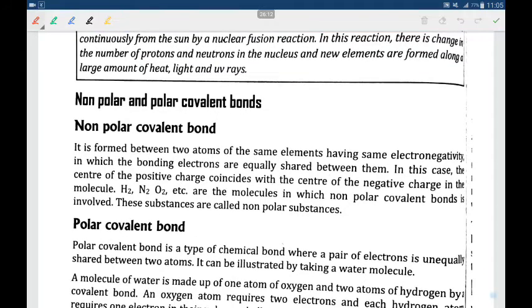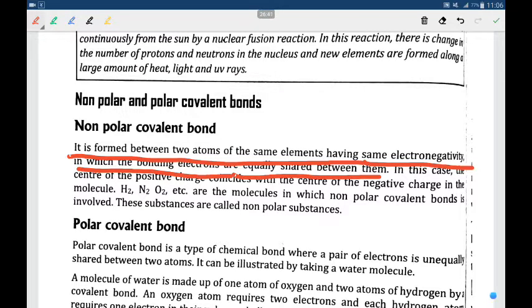Let's see the definition. Non-polar covalent bond is between two atoms of the same element having the same electronegativity, in which the bonding electrons are equally shared between them. In the same element only, not in different elements.